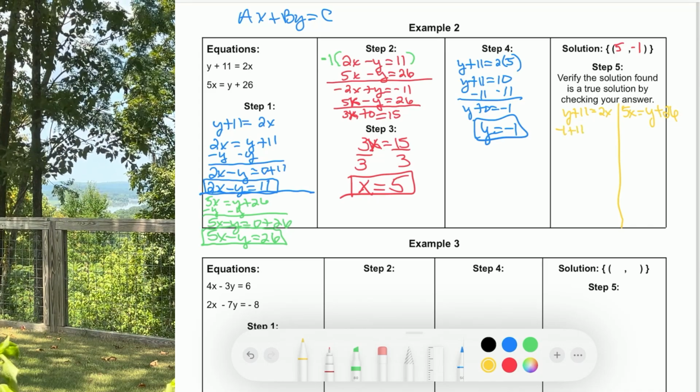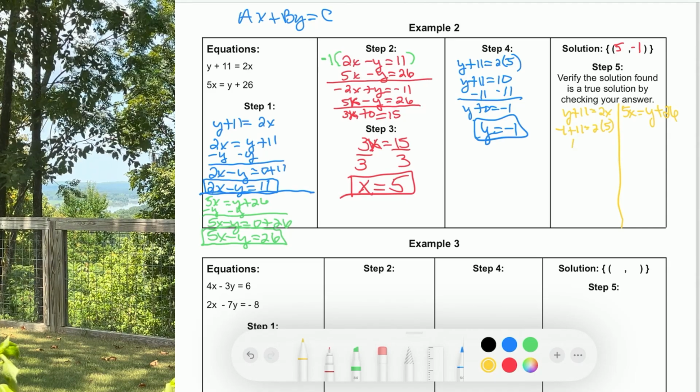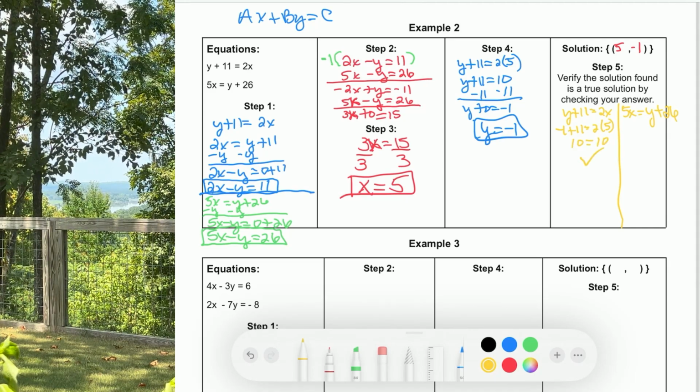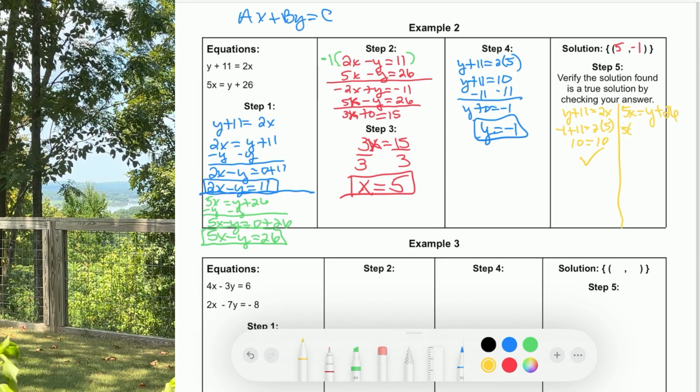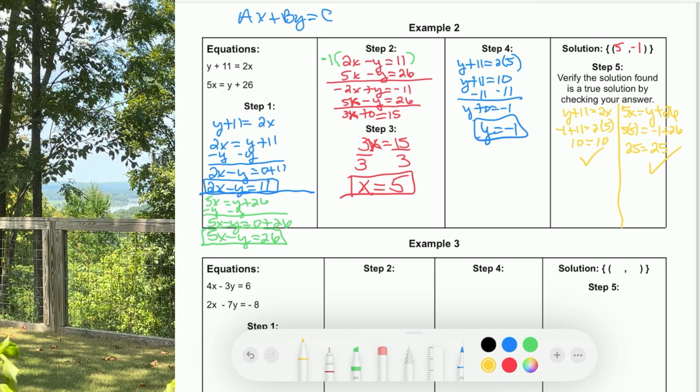Negative 1 plus 11 equals 2 times 5. We get 10 on this side and we get 10 on that side. So yes, that works so far. 5 times 5 equals negative 1 plus 26. We get 25 equals 25. So yes, again, we have found our correct values of 5 and negative 1.